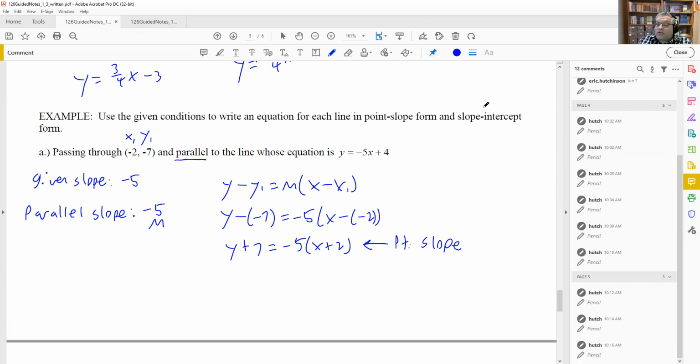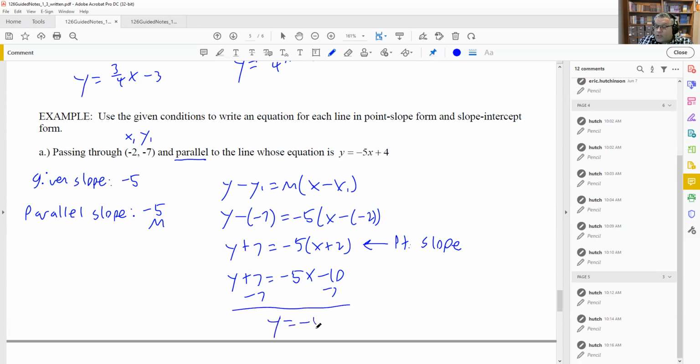If we want to find the slope intercept form, then all we have to do is multiply this out and solve for y, and that's going to give us the slope intercept form. Okay, so we're going to do y plus 7 is going to equal -5x minus 10. So we multiply both of those. And then we're going to subtract 7 from both sides.